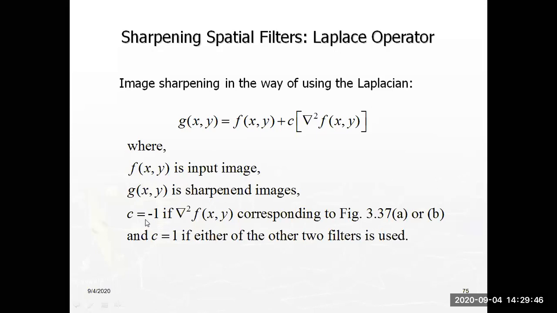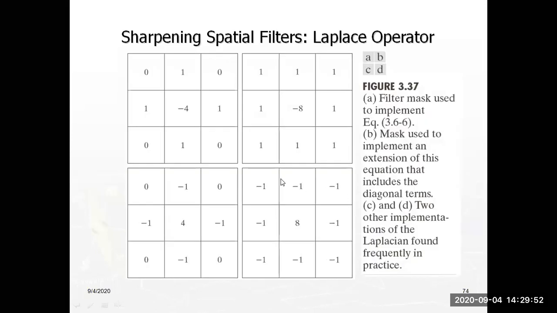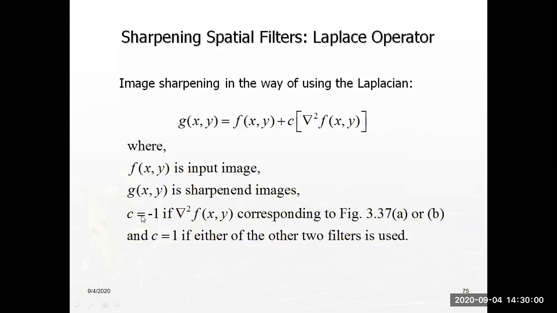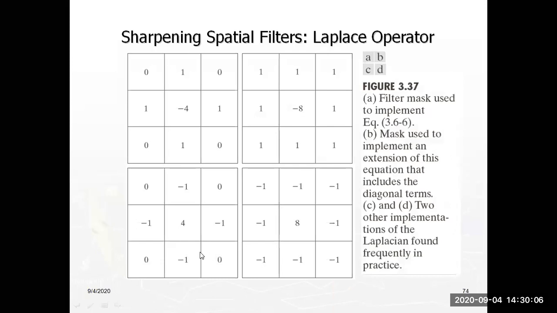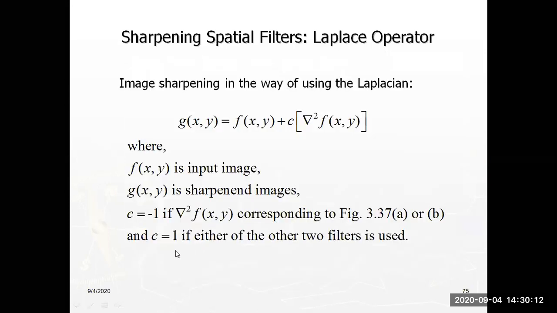And here c is minus 1 if del square f corresponds to the masks in figure 3.37. That means if you use the first two masks, A and B, then you use c equals minus 1. The remaining two are C and D. If you use these two masks, the c value is equal to 1.